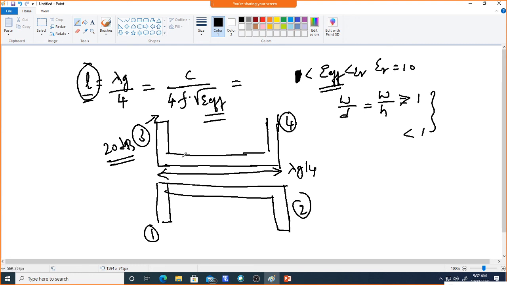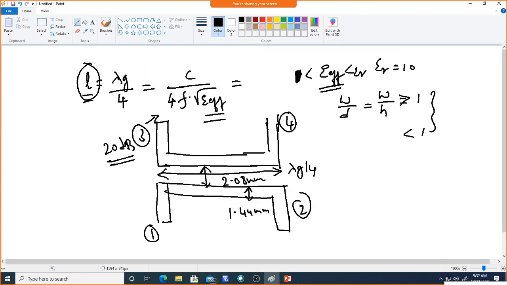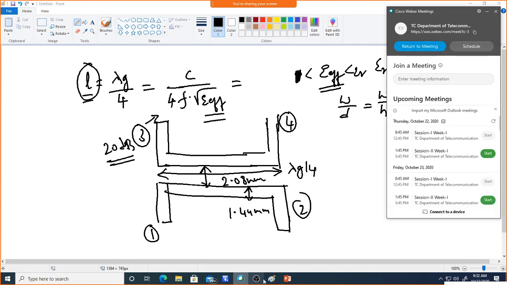Also the spacing, which we calculated as around 2.08 mm, you need to put in, and the width, 1.44 mm, you need to put in. Now I will show one of the coupler designs which I have done.